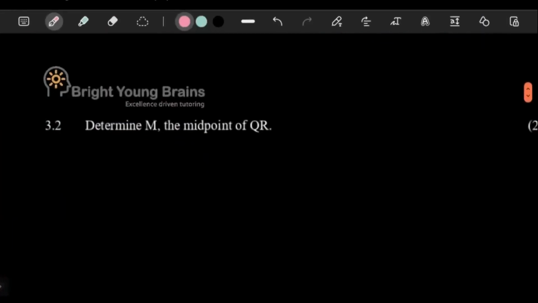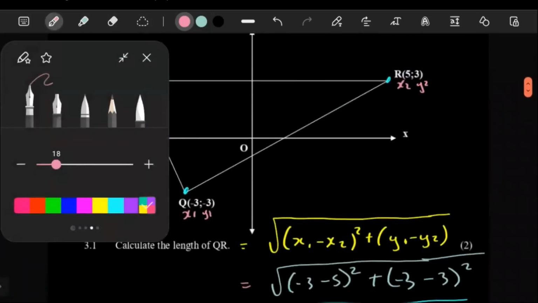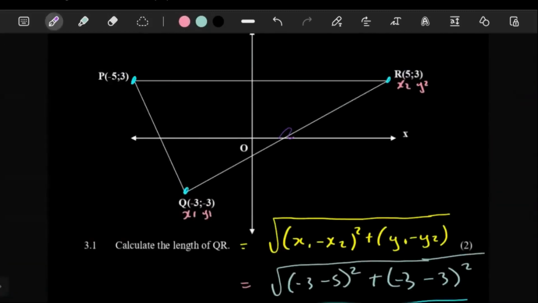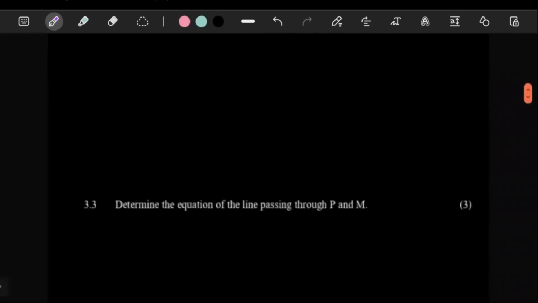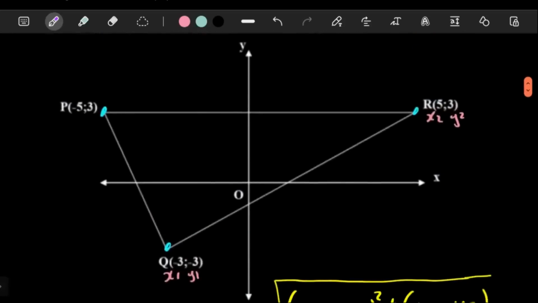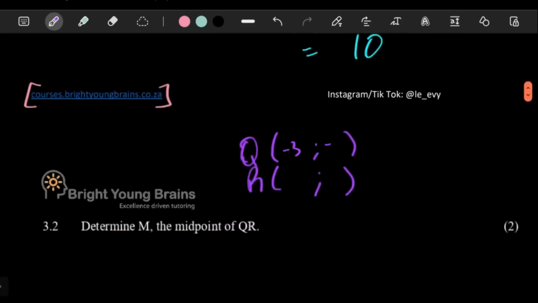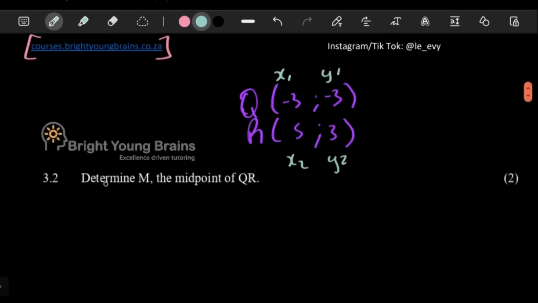Anyways, they say we should get the midpoint of QR. With Q we were given a certain coordinate, and with R we're given a certain coordinate. Q is -3, -3 and R is 5 and 3. So x1, y1, x2, y2.